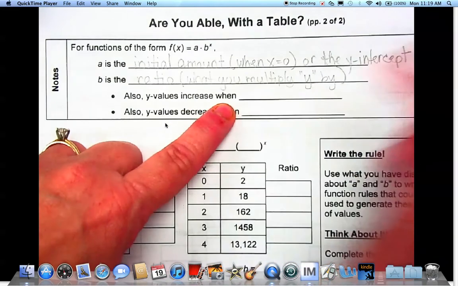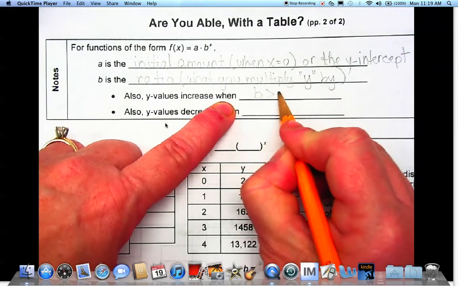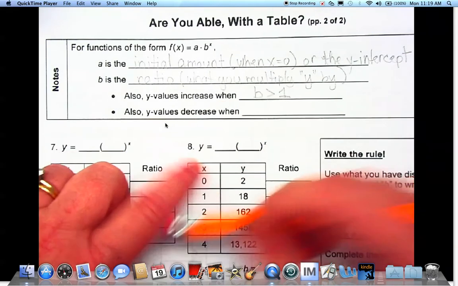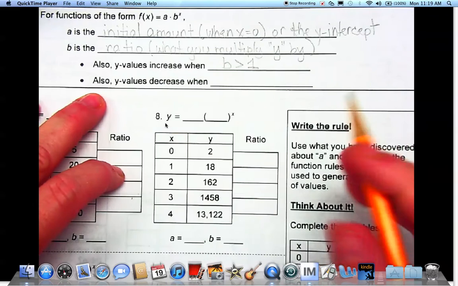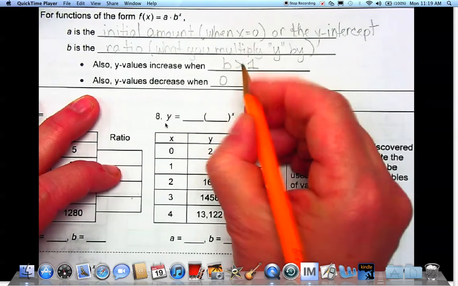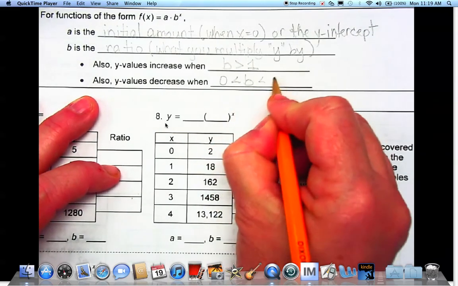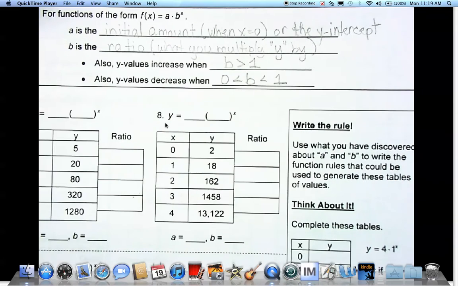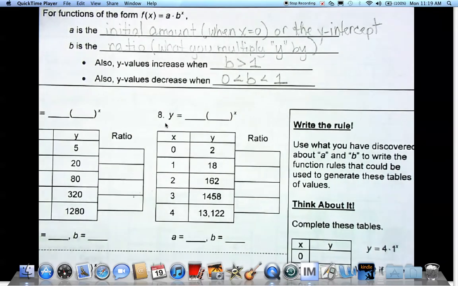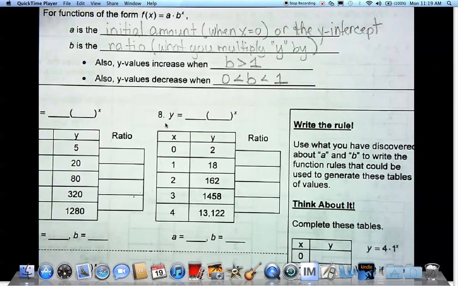So y values increase when B is greater than 1, and y values decrease when B is between 0 and 1. And then we're going to talk about what happens if B is negative and what happens if B is 1. We'll get to that in a minute.